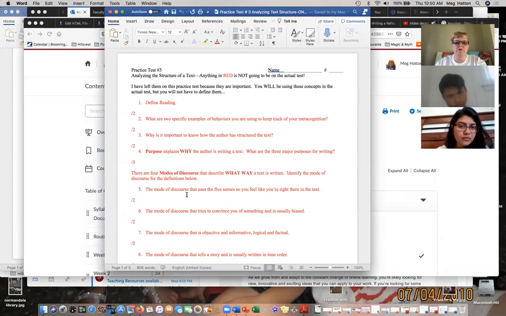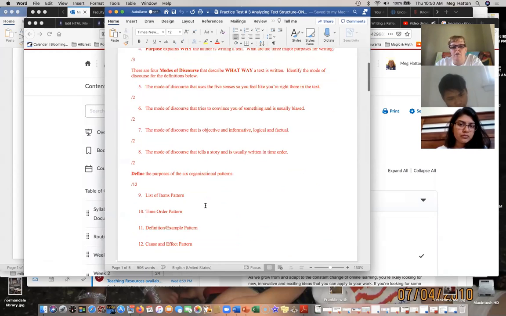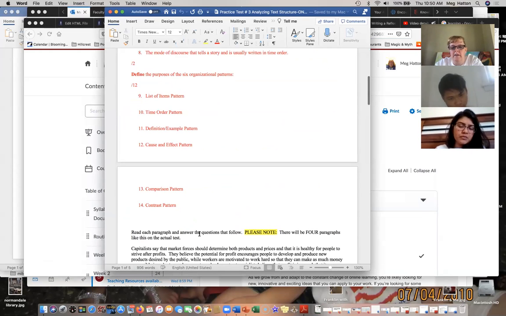Okay, and everything in red is not on the actual test. However, I left it on here because these things are important to know so you can do the test. If you don't know what the modes of discourse are or the patterns of organization are, you're going to have trouble with the test, okay?